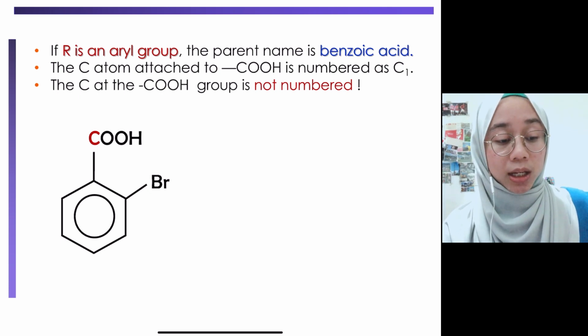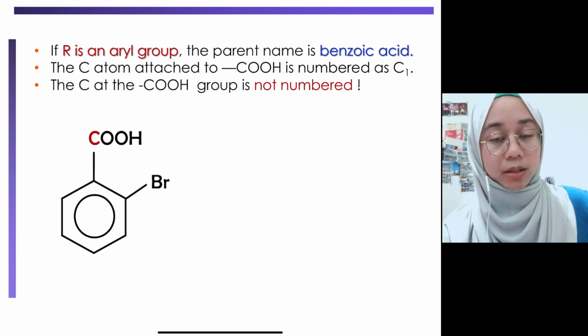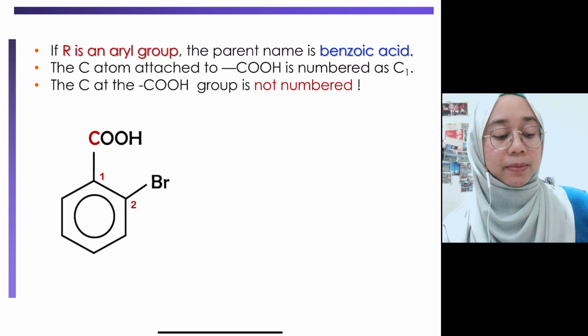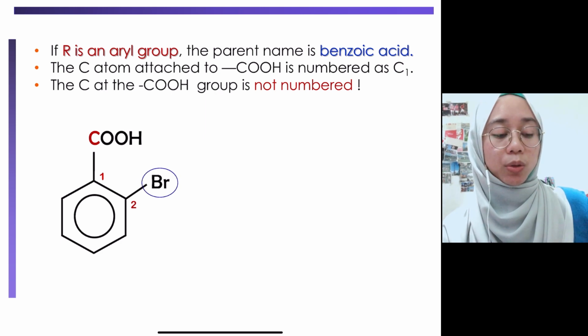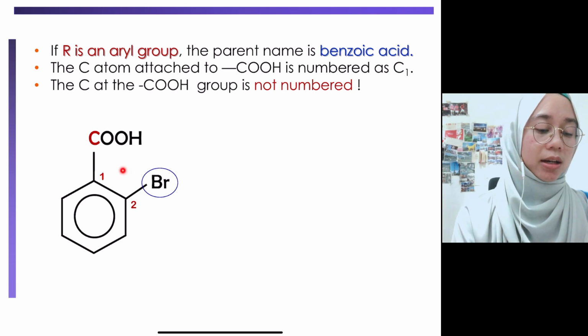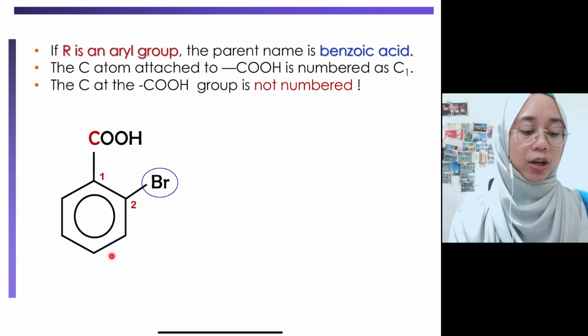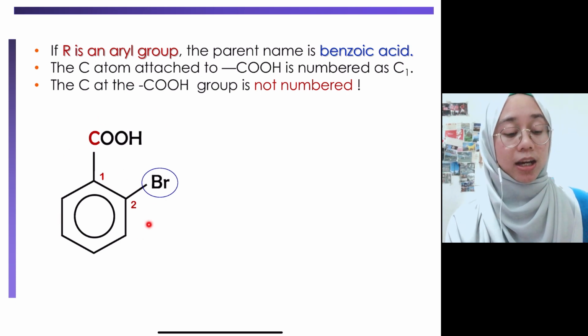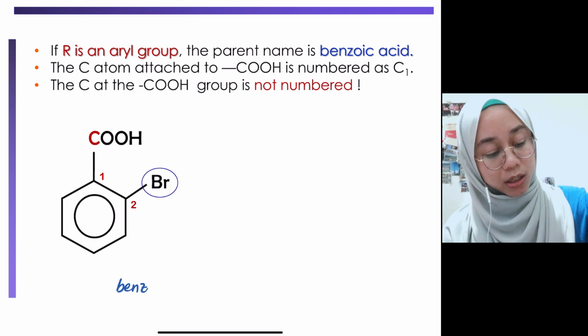Okay, so automatically itu akan jadi carbon number 1, and then kita tak payah pun bagi tahu position of COOH because macam saya cakap tadi, automatically itu adalah carbon number 1. And plus in this case kita ada bromo dekat carbon number 2, and since this one here kita ambil sebagai common name, dia adalah benzoic acid kan, so the benzoic acid akan jadi parent name terus.